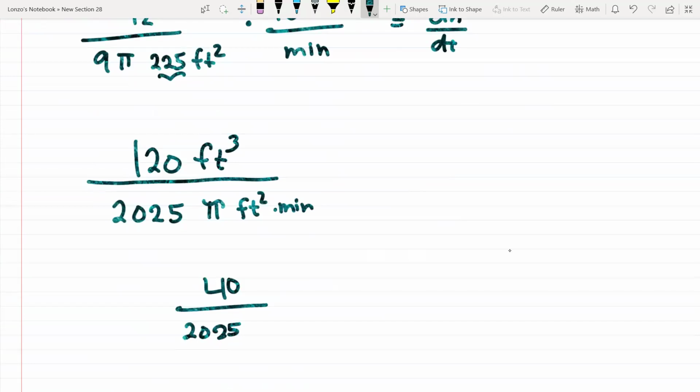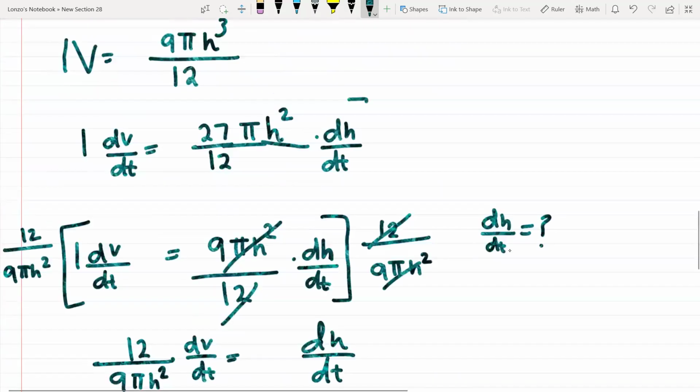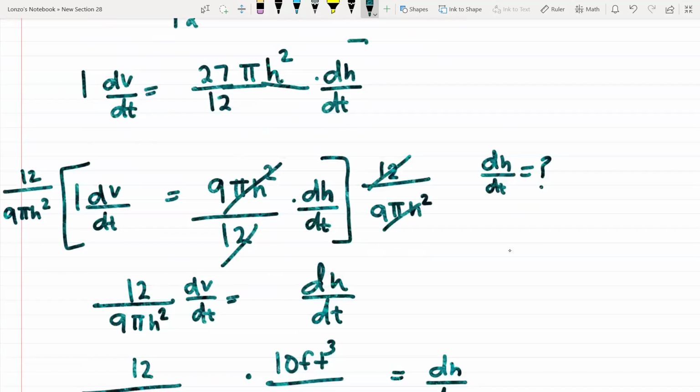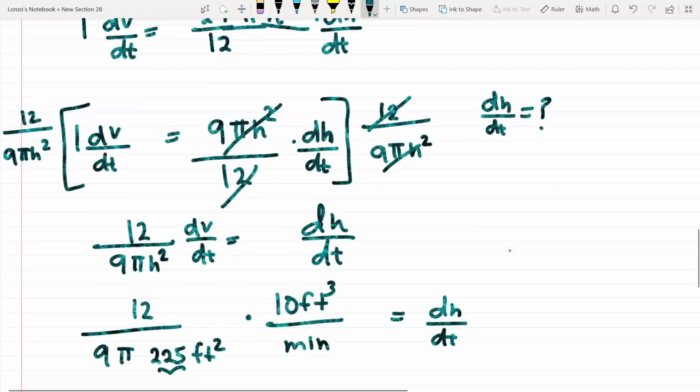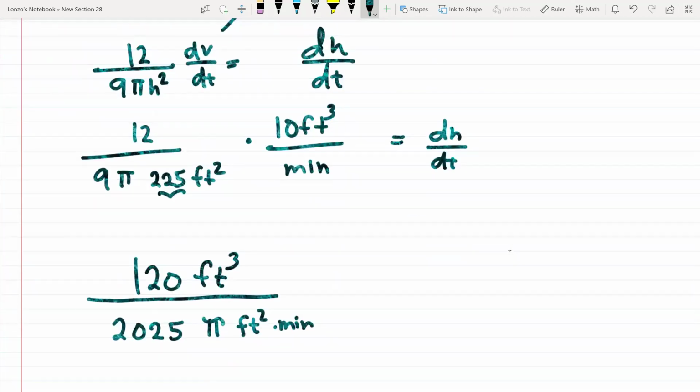Let's see. Yeah, I think if you reduce, I think I did it right. When you reduce and you do all the work, the top should be 8, and then the bottom would be 405 pi.